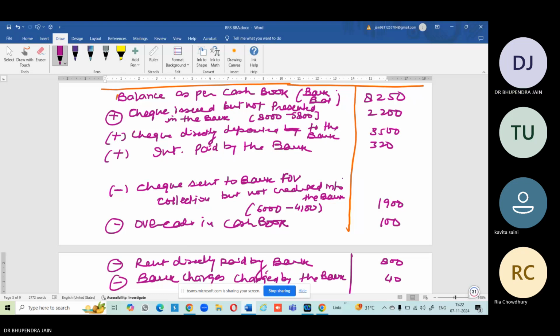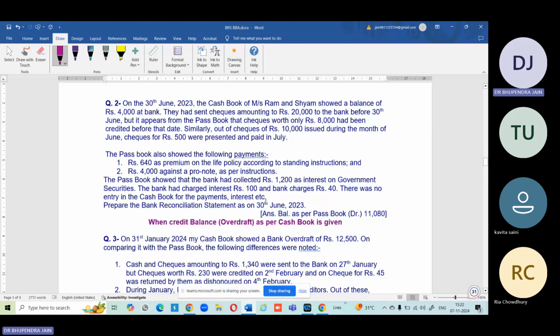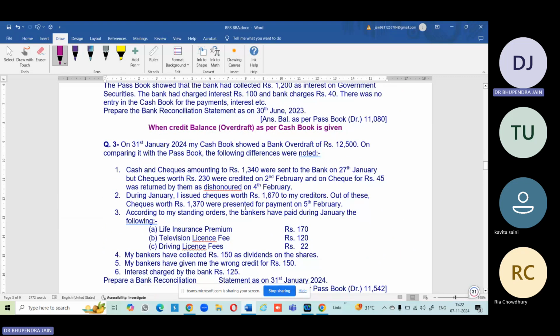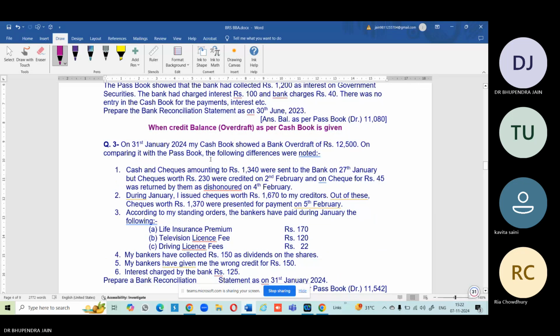Now clear? Yes, sir. Now we will discuss one or two more questions and you can definitely be clear on all types of concept. Second question almost same, 100% same. Now third question. When credit balance or overdraft balance as per cash book is given. In question number first, what was it?